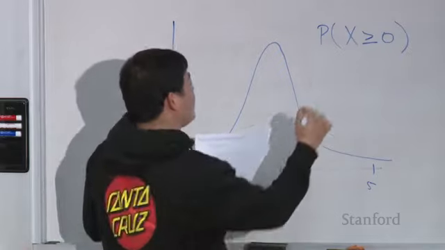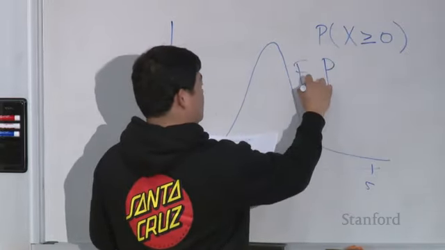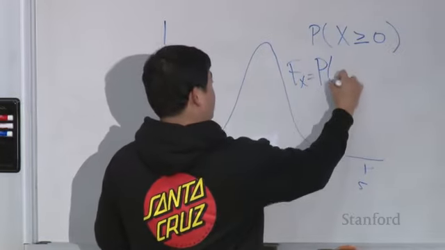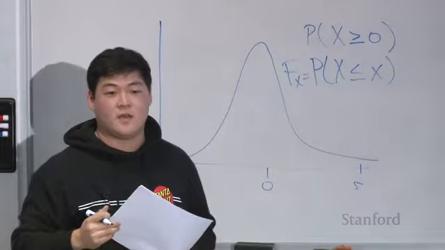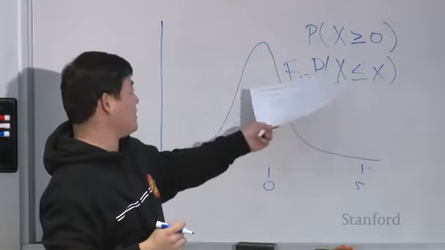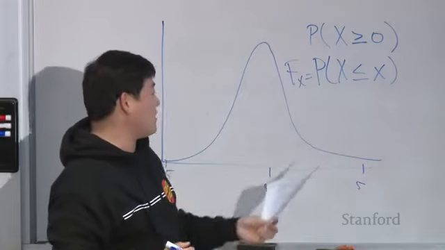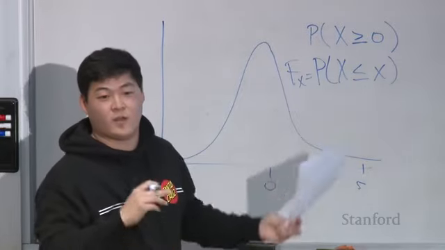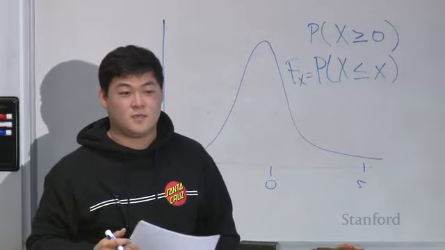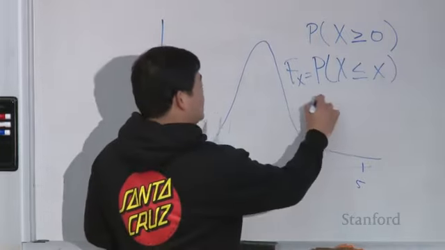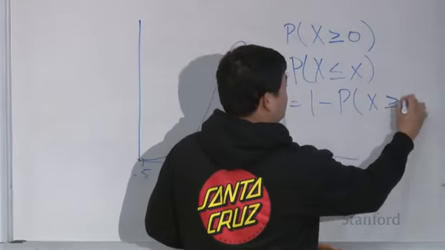Even though we have the CDF equaling the probability of X less than or equal to x, how can we transform it so that we make sense of this upper probability? How can we turn this inequality the other way around? Yeah, exactly. So this is exactly equal to 1 minus the probability of X greater or equal to x.